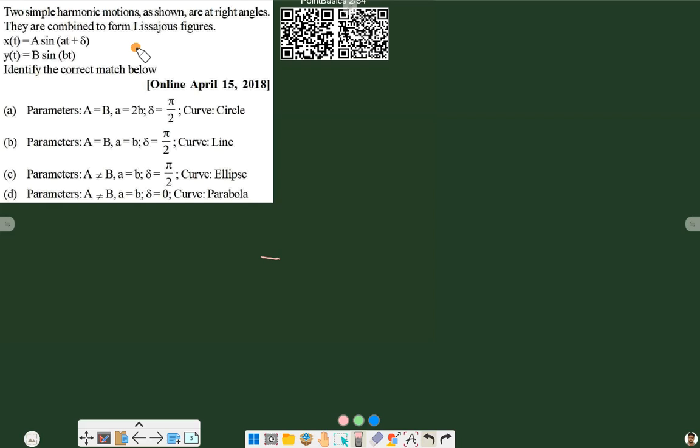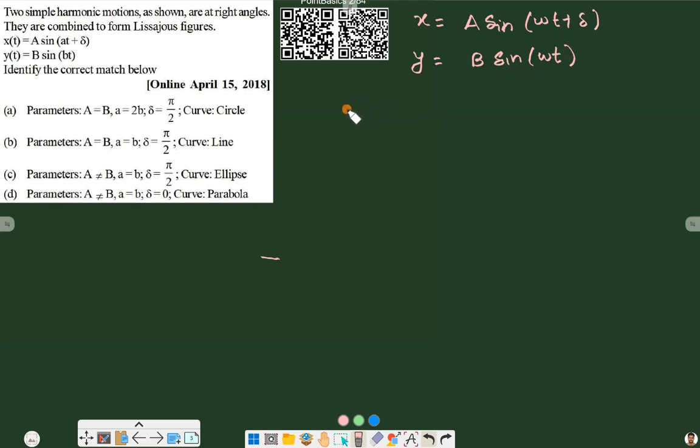So when we form a Lissajous figure, the general equation for the Lissajous figure, where we are given a basic form that is already given here, x is a sine (omega t plus delta), and y is given as b sine omega t.